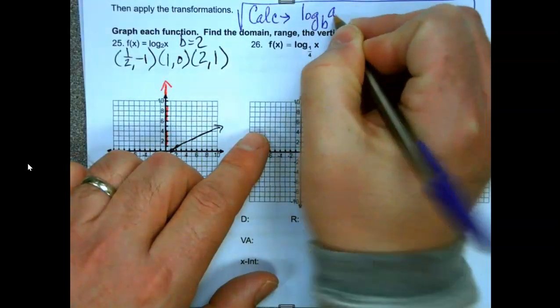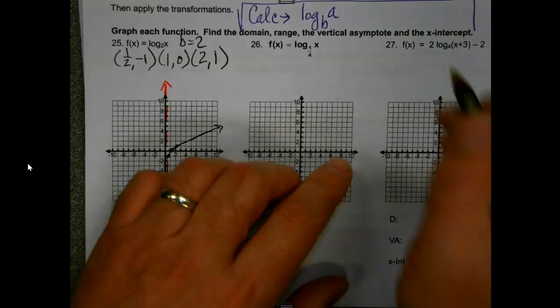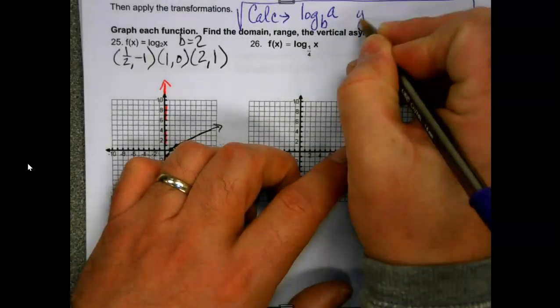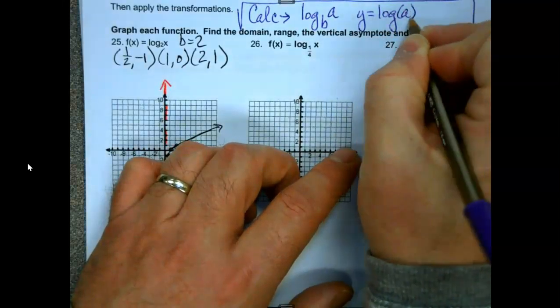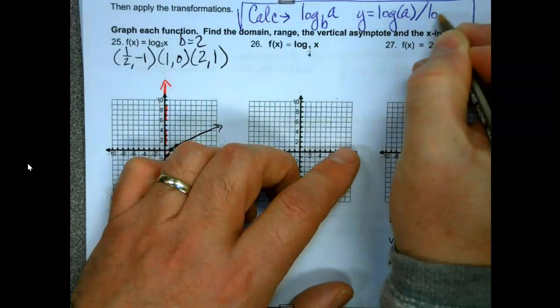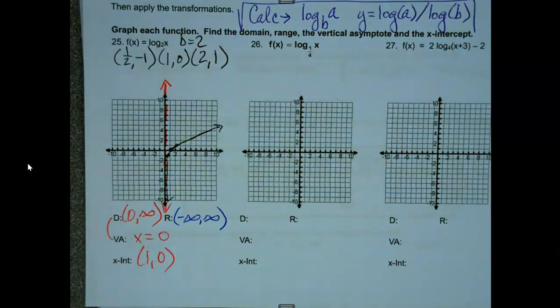If you have a generic logarithm like this, I could have called that x, but I'll just call it a for right now. What we're going to do in our calculator is put in the log of a divided by the log of b. This is called change of base, okay?